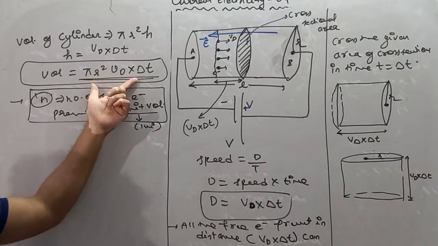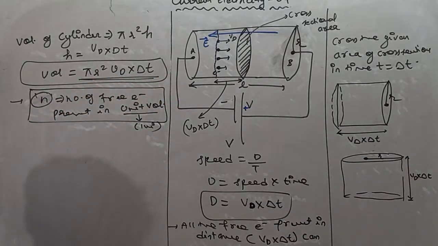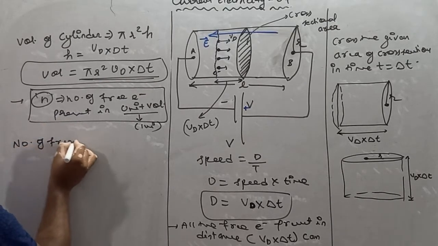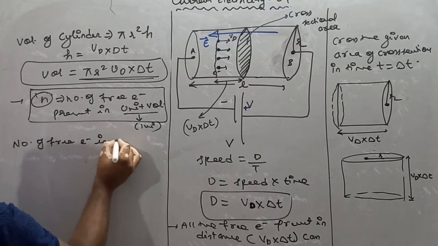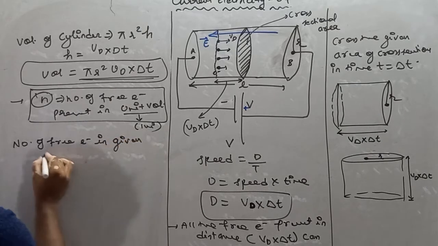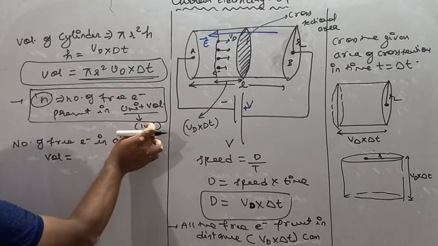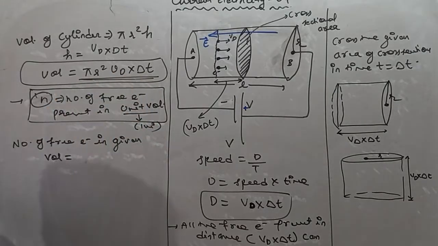So in the given volume, how many electrons are there? The number of free electrons in the given volume must be equal to the number of free electrons in unit volume multiplied by this given volume.